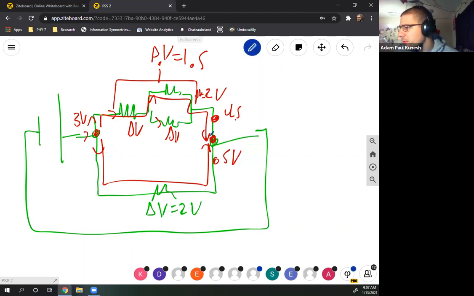But wait a minute, these two regions are connected by a wire, so they're not supposed to have any voltage difference between them. So I've got some kind of contradiction there. So the statement that two regions connected by a wire must have no voltage difference leads cleanly to this notion that regardless of the path that I take between 2 points, the voltage difference must be the same.